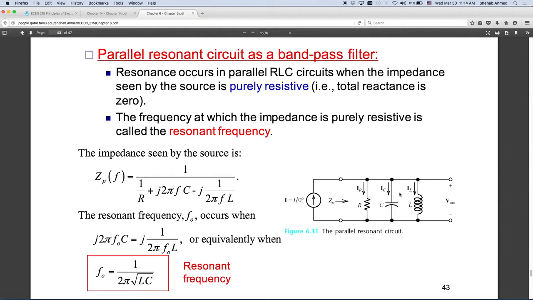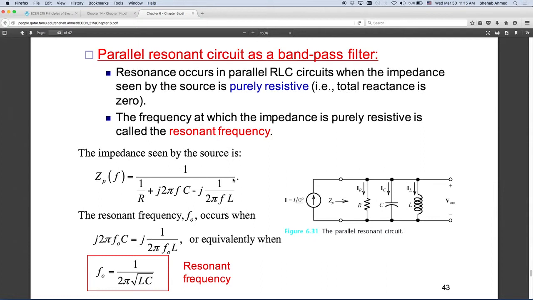If no current passes through these two components, then all the source current passes through the resistor, and I've maximized my output at that frequency. Does it make some sense? Before we wanted them to be like short circuits, here we want them to be like open circuits. Okay?